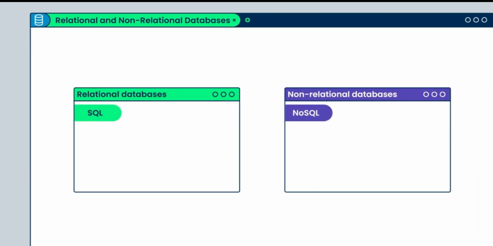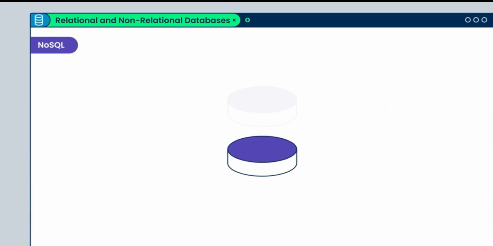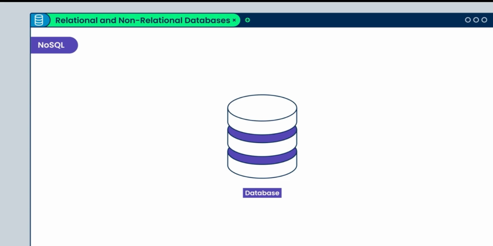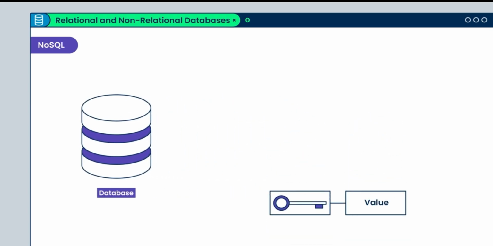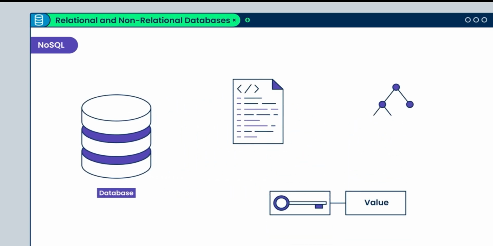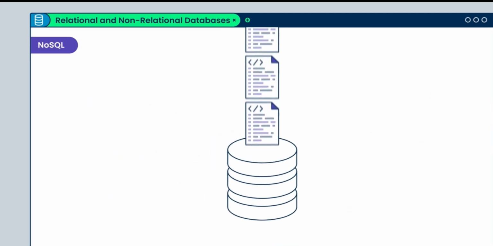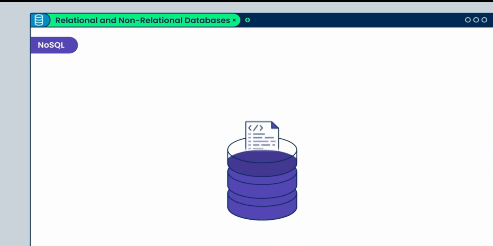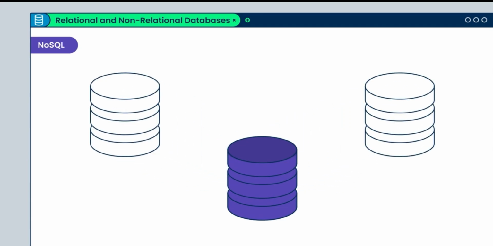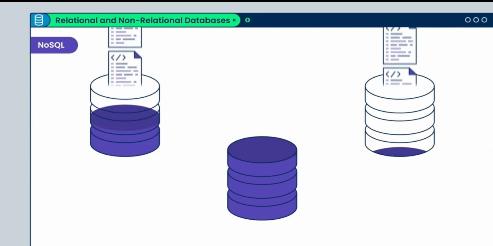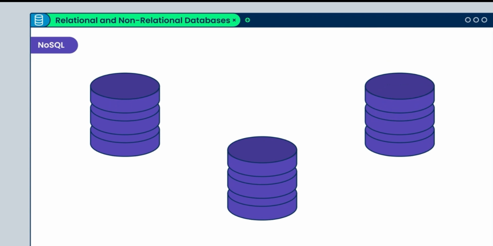Non-relational databases, on the other hand, don't have tables or relationships, and they generally do not use or support SQL. Instead, they have their own query languages. Data in non-relational databases are stored in various formats, such as key-value pairs, documents, or graphs. They are more flexible than relational databases and, as such, are often used in scenarios where data constantly evolve or scale rapidly, such as social media platforms or real-time analytics.